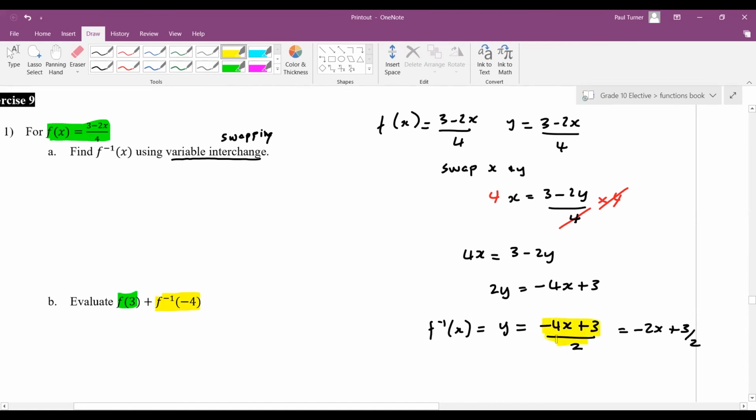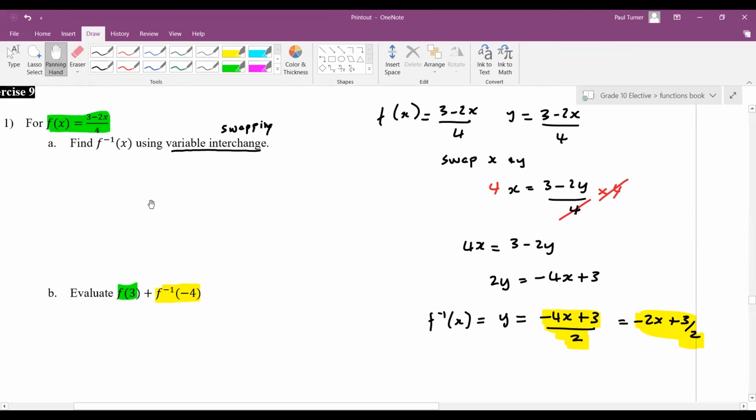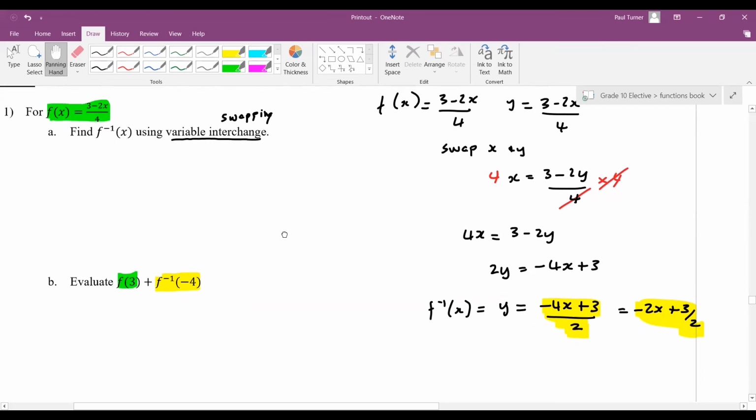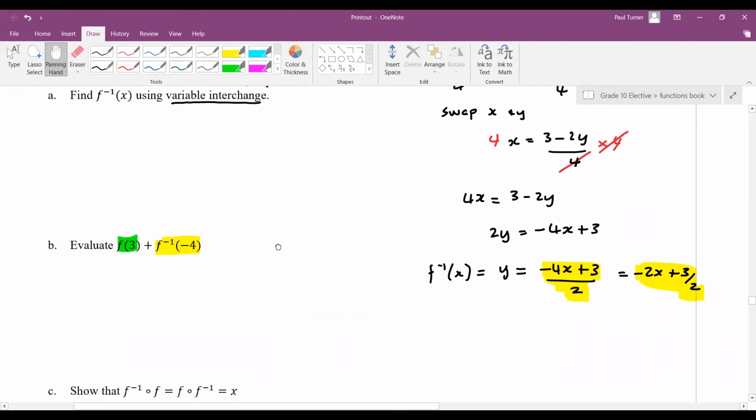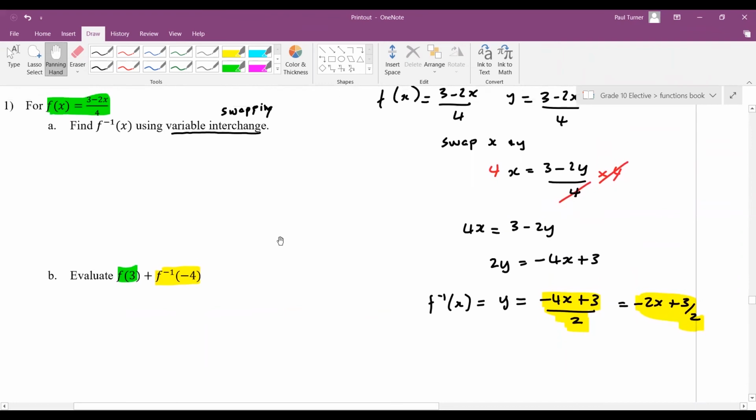You can use that one or this one here. But remember, you can also use this function to do it as well. All right, so copy that method down, because this is what I will expect you to be able to do tomorrow.